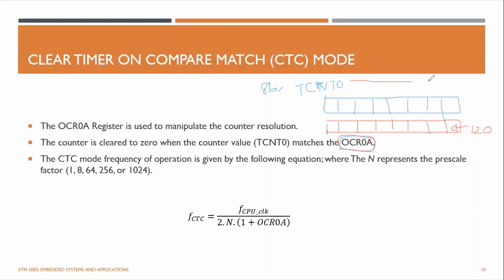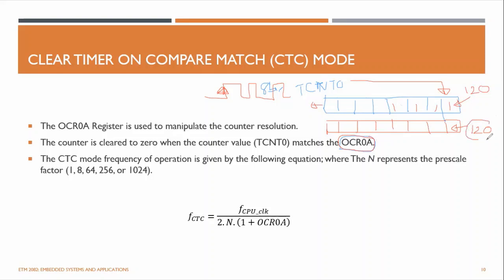So this is your timer. The timer will be updated by any clock period, whether it is pre-scaled or not. Previously we generated an interrupt service routine when the timer overflowed, when it went to 255. But here, the timer is updated on each clock period, and when it reaches 120, it is compared with the OCR0A register.